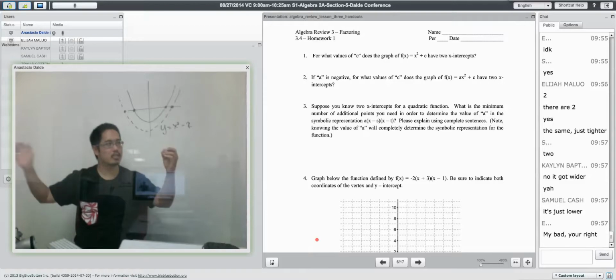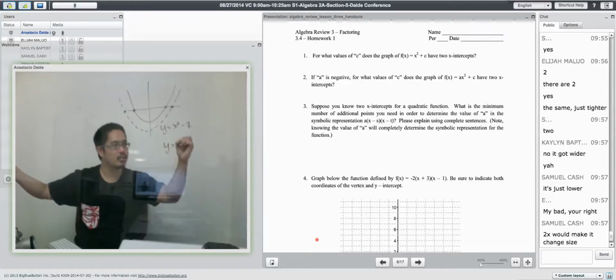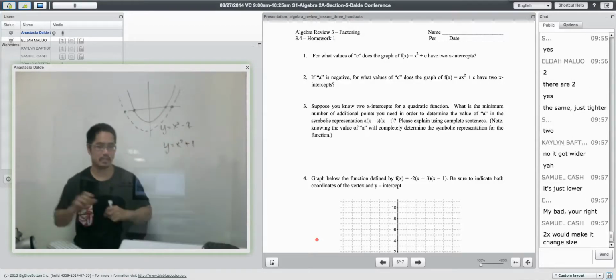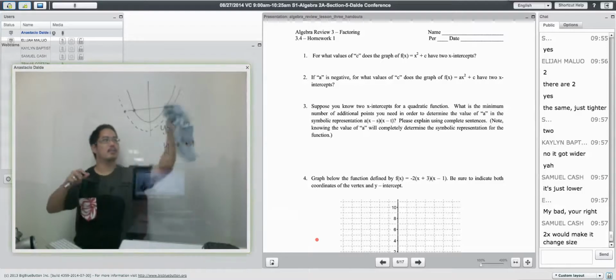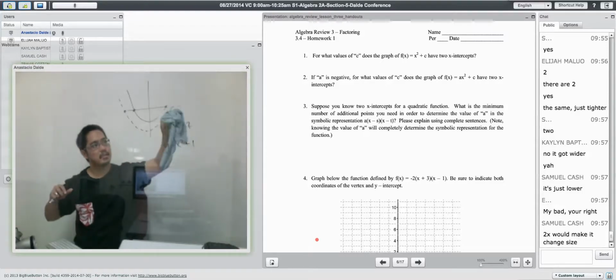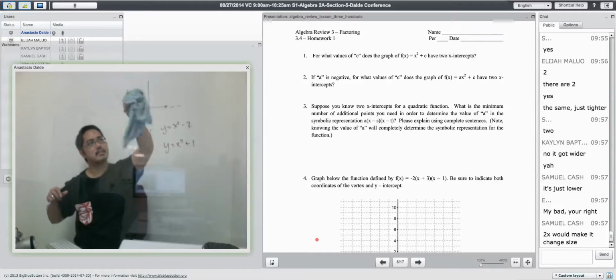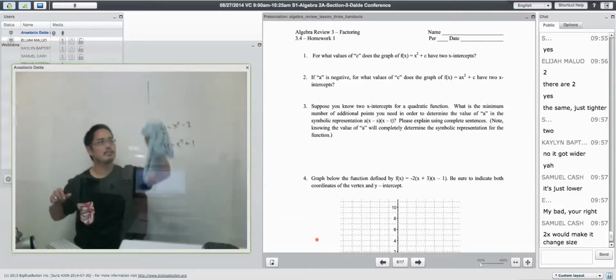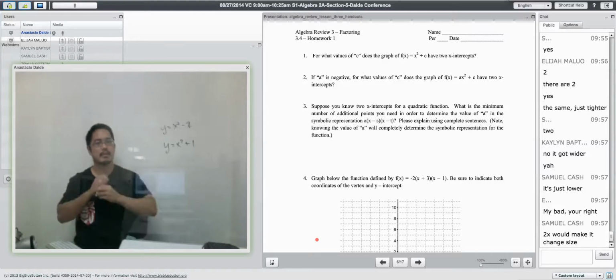All right, now let's try this: y equals x squared plus 1. Graph that, you can graph it in the calculator or in your head, and tell me how many x-intercepts there are.